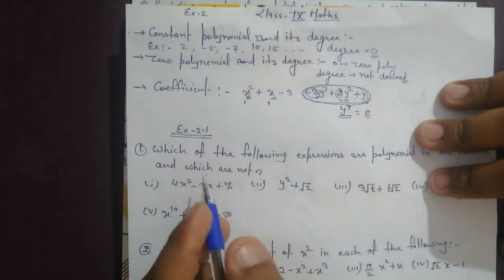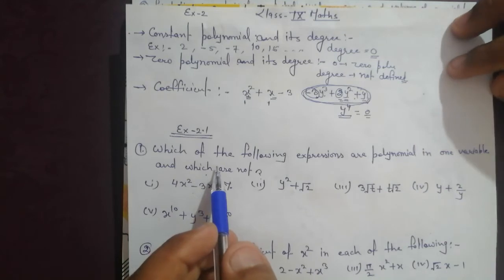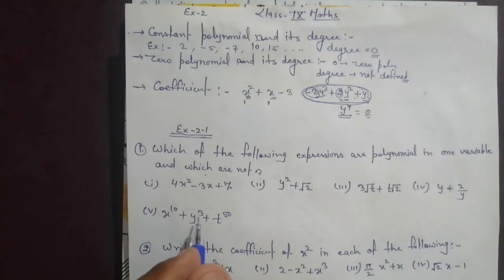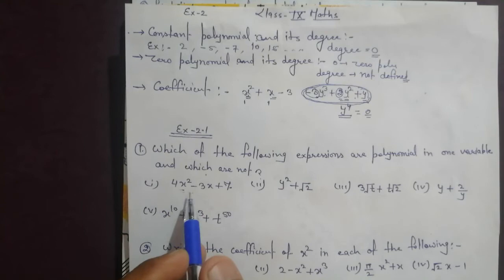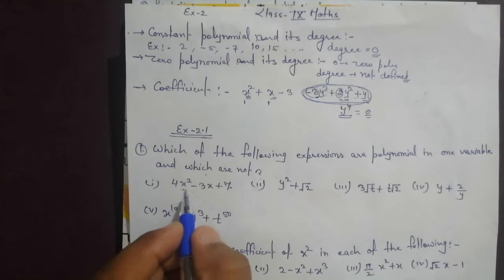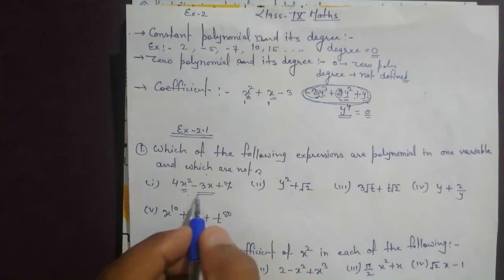Now exercise 2.1, question number 1. Which of the following expressions are polynomials in one variable and which are not? Means in which expression we are getting only one variable. In the first there is only one variable, that is x, so this is a polynomial in one variable.